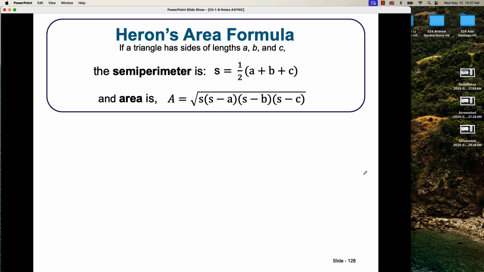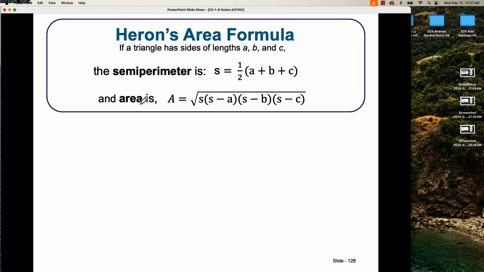Heron's formula is for area. If a triangle has side lengths a, b, and c, then the semi-perimeter, let's think of it as half the perimeter, is represented by lowercase s, which is one half times the full perimeter, a plus b plus c.